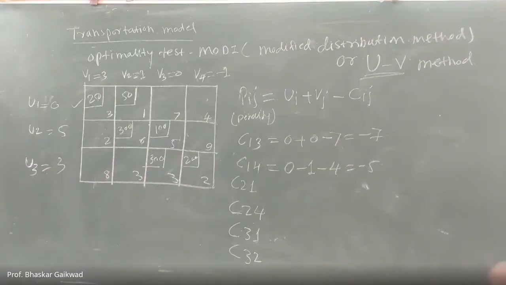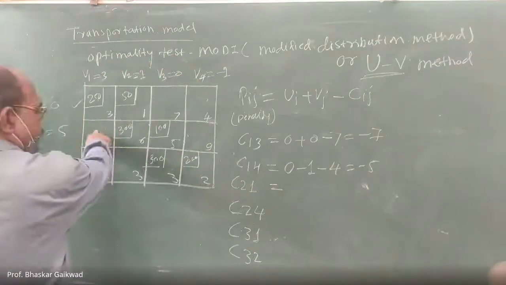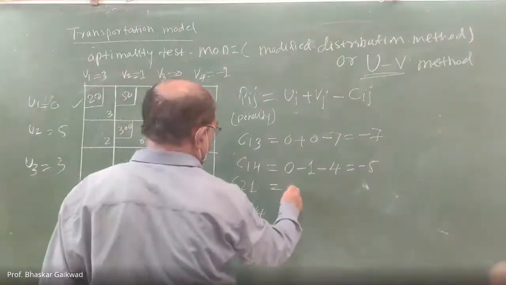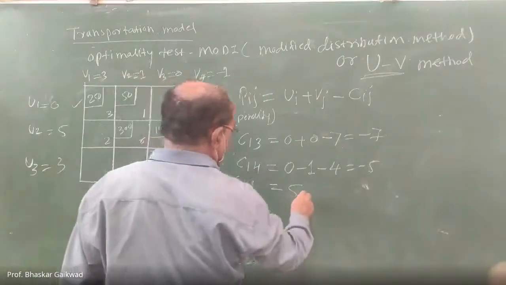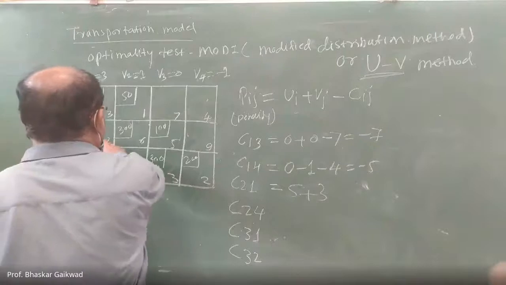So you can take U1 0, V4 minus 1, and the corresponding unallocated cell value 4, that is Cij, that gives minus 5. Then 2 1, second row first column, this one. So what is here? 5 plus 3 minus 2.